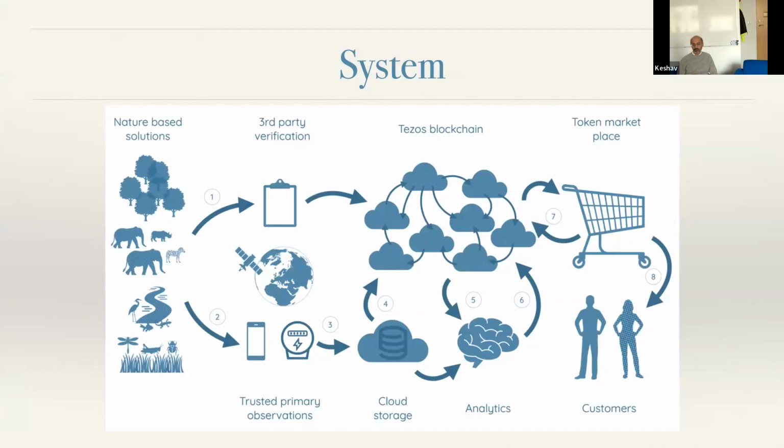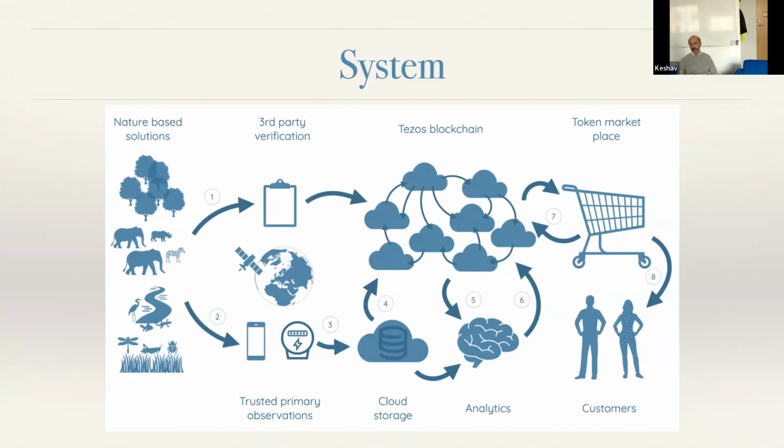But once we have those observations, we put all those observations into cloud storage, and a hash of the observations is put onto the blockchain. This allows the observations to be kept in bulk storage, and the hash allows us to make sure that there is no tampering of the primary observations.